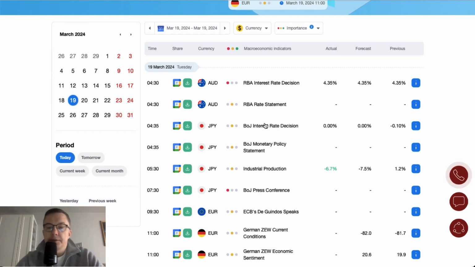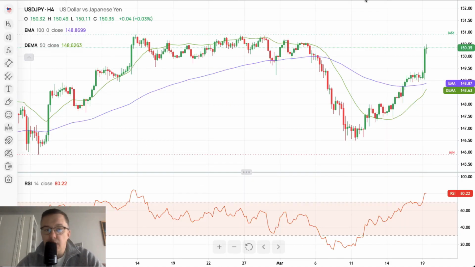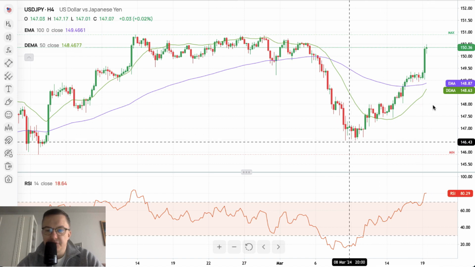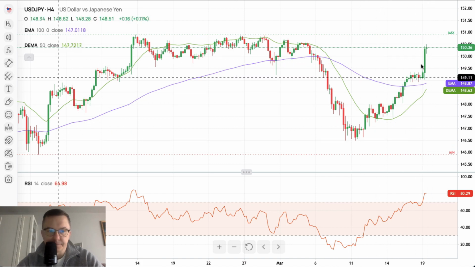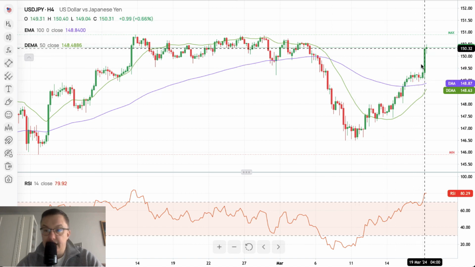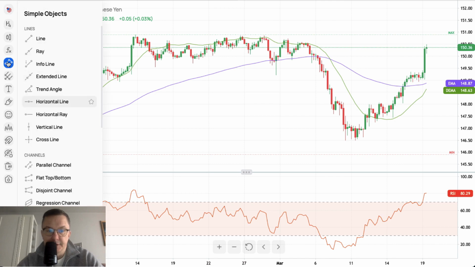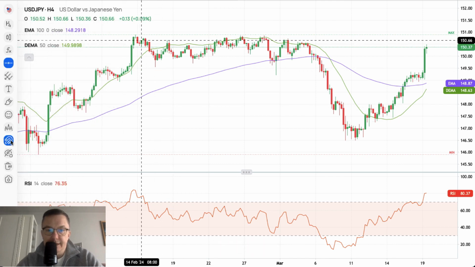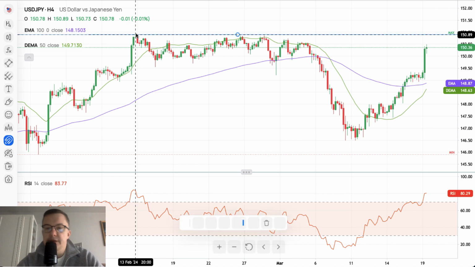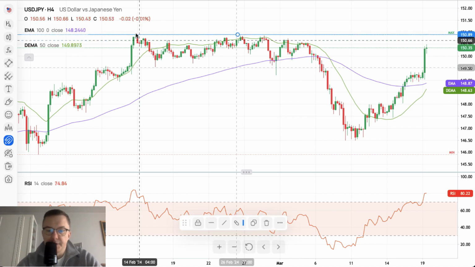at the US dollar to the Japanese yen technical chart, because we've been talking about the Australian dollar yesterday. So the 4-hour chart of the US dollar versus the Japanese yen is showing us a very nice bullish rebound. The recent high was made at the level of 150.49, so the market is approaching the technical resistance and the yearly high at 150.89.